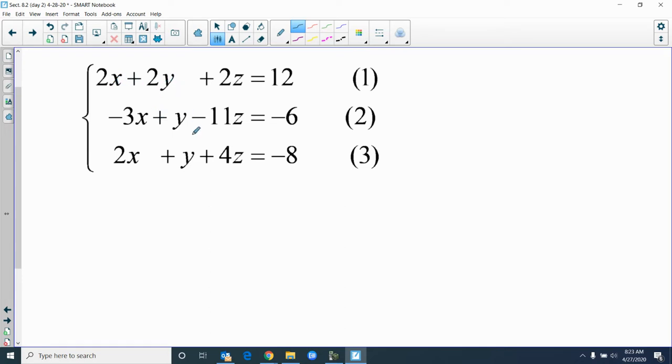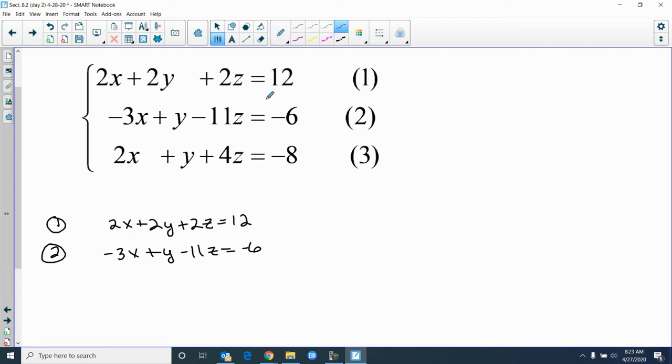I'm going to eliminate y. Okay, it lines up pretty good. Let's work with equation 1 and equation 2. Well, equation 1 is 2x plus 2y plus 2z equals 12. And equation 2 is negative 3x plus y minus 11z equals negative 6.